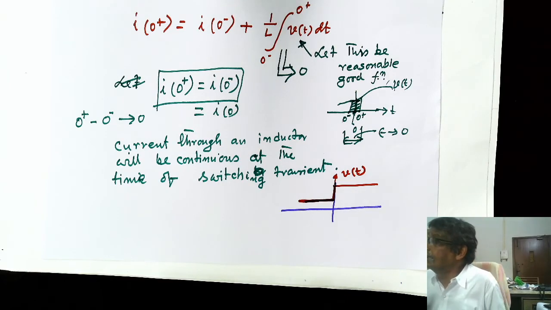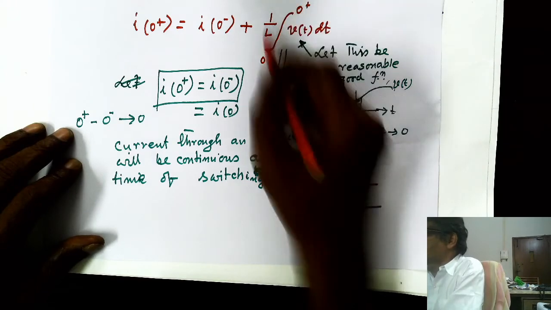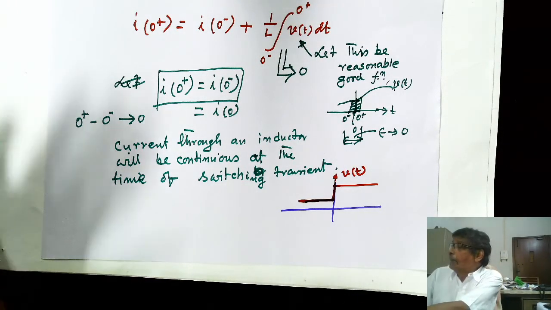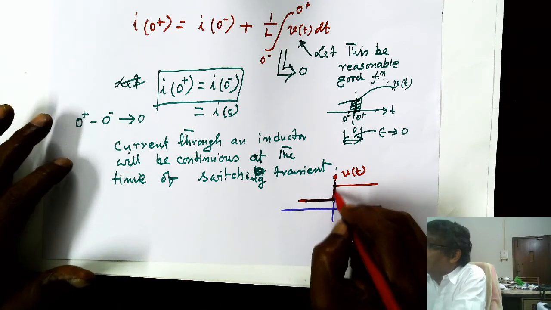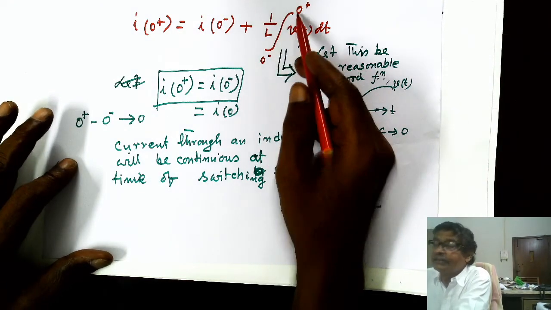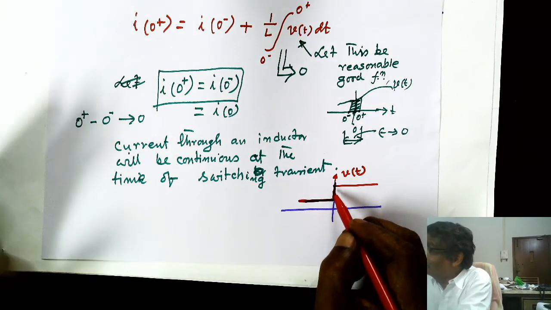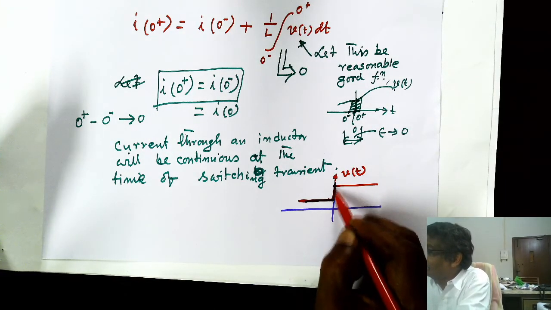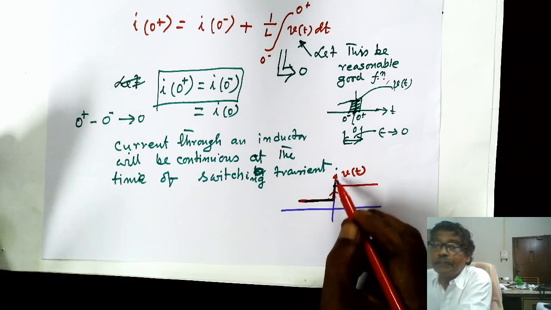Therefore, in this case, what happens? What will be the fate of this integration? It will be 0. Why? Because the magnitude of the voltage during this 0 minus and 0 plus is really, as I told you, I am not sure whether I should write this voltage or that voltage, because it is under transition. But the transition takes no time.